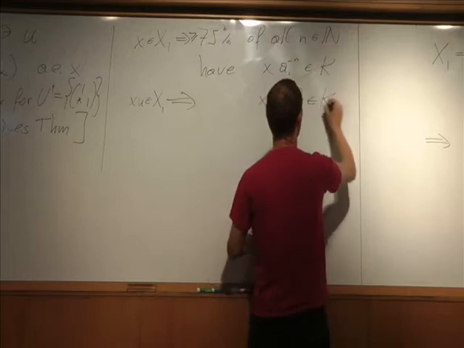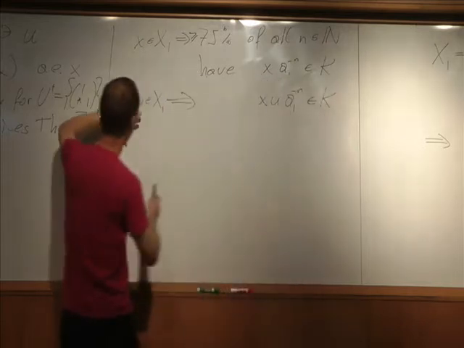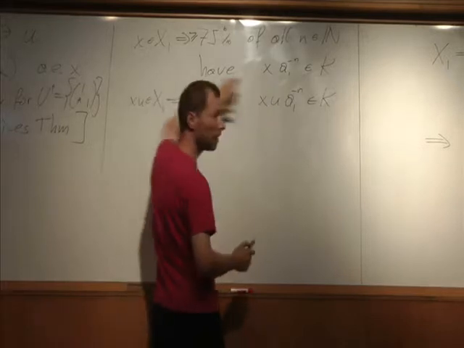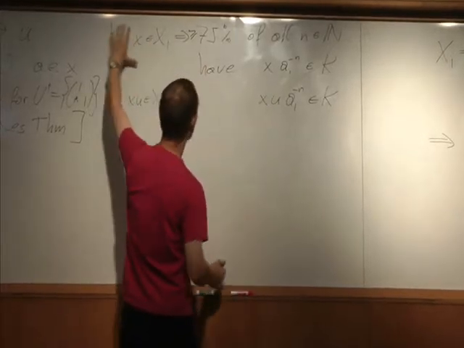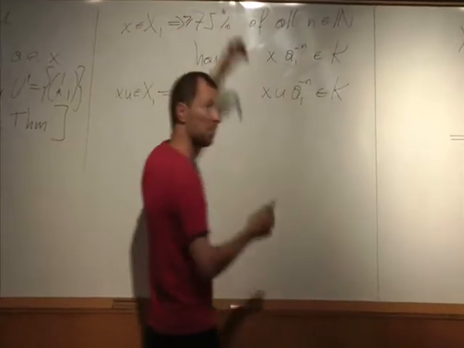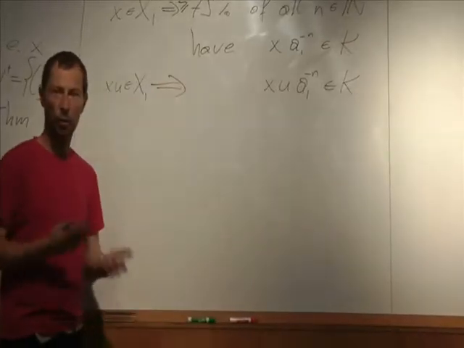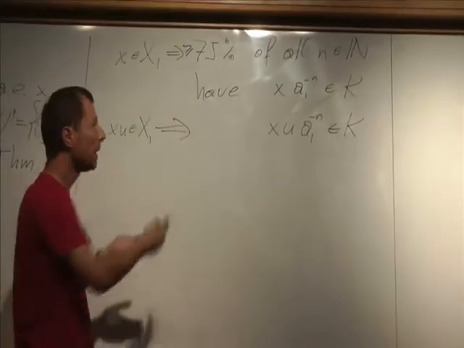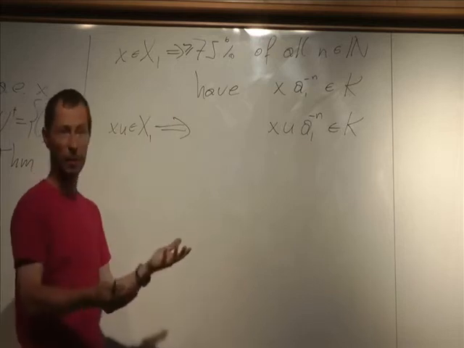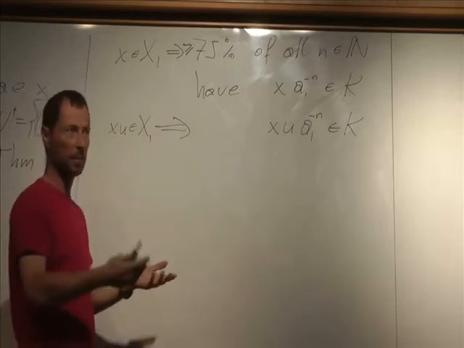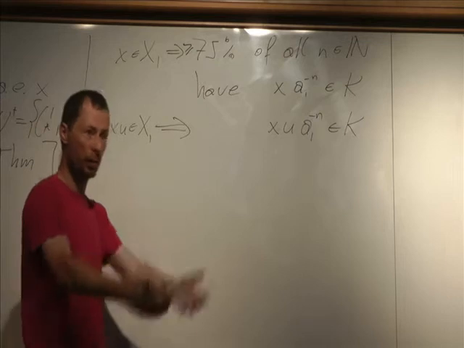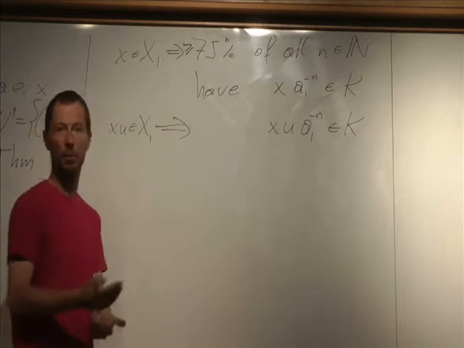It's also in K. Now, of course, the n's that have that statement here and the n's that have that statement here, these two sets of n's have nothing to do with each other. However, each of them is 75%, so for more than 50% of the time, both of the statements are true.